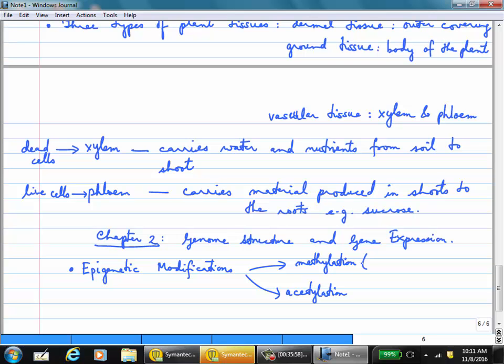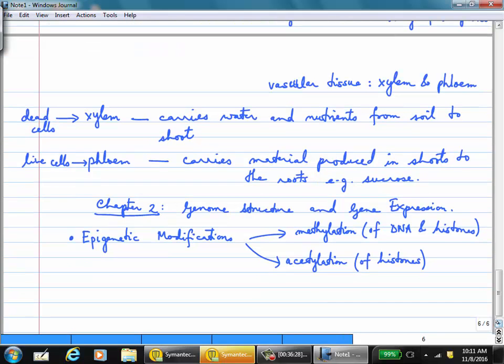They were the proteins on which DNA is bound. So you can alter the behavior of the DNA through these epigenetic modifications. So methylation of DNA and histones, and then acetylation is only for histones. So you can either silence the gene or make it more active just by altering the methylation and acetylation status.